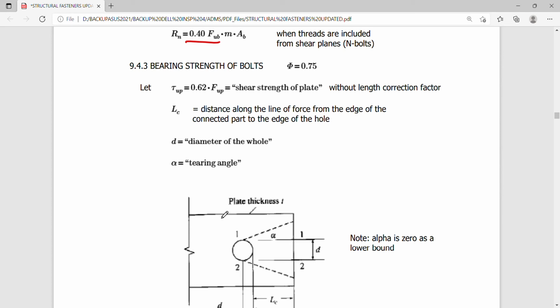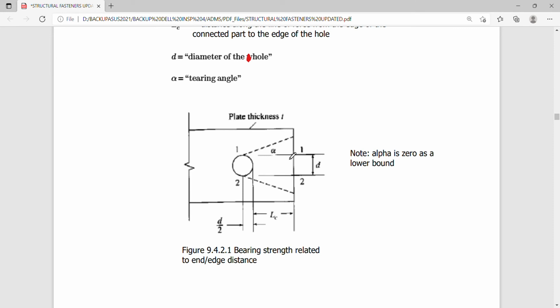Okay, so where D is the diameter of the hole, so there's no W here. No? So correction. And alpha is simply the tearing angle.